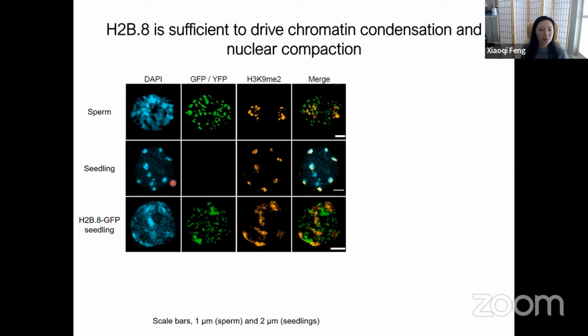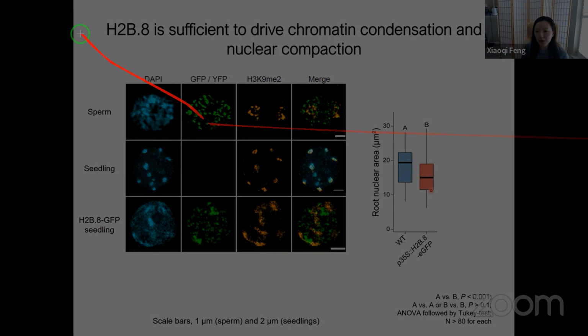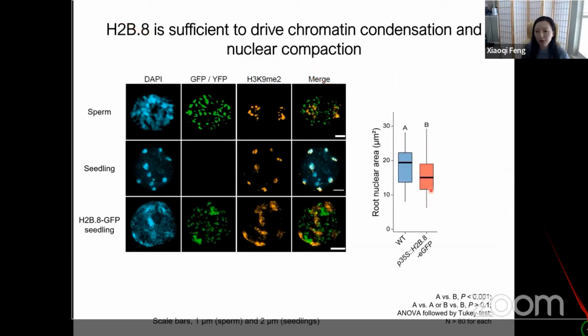Further, in wild-type somatic cells, you have this very diffuse DAPI signal throughout the nucleus in the euchromatin. However, in the H2B.8 expressing cells, you have a much brighter euchromatin signal that resembles the sperm. And H2B.8 also significantly reduced the somatic nuclear size.